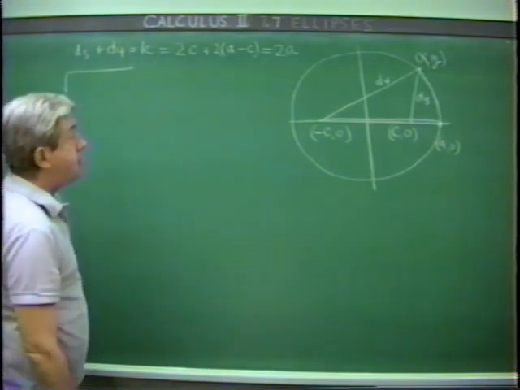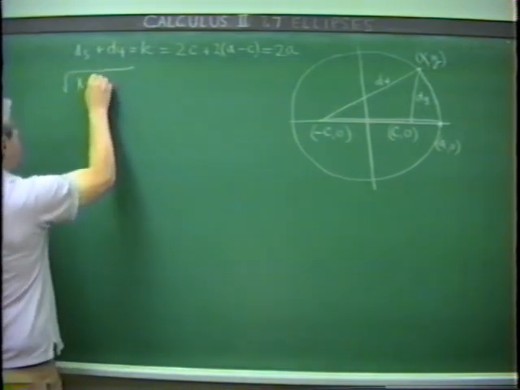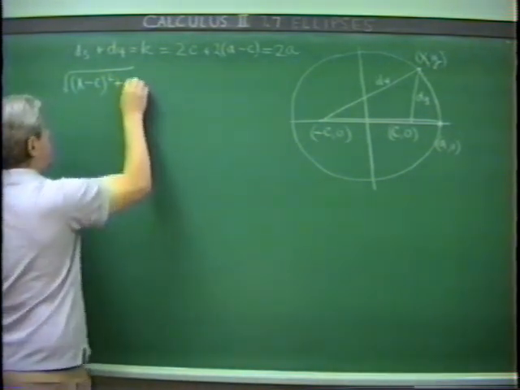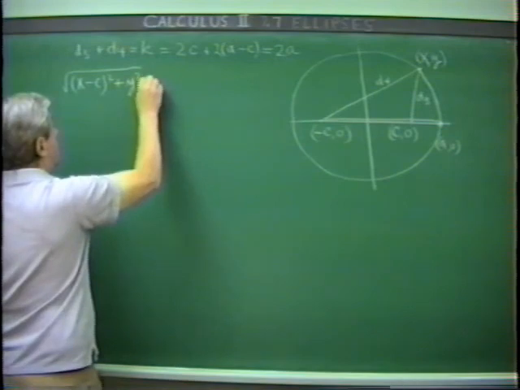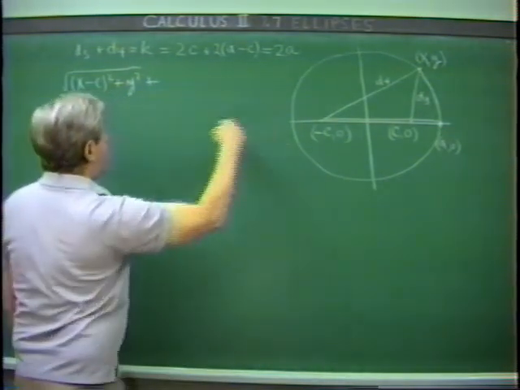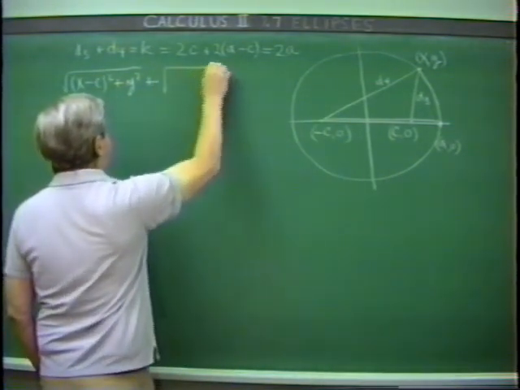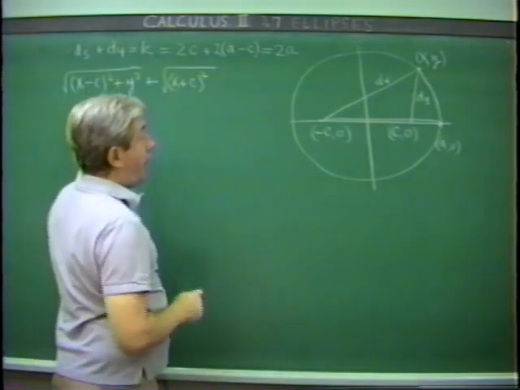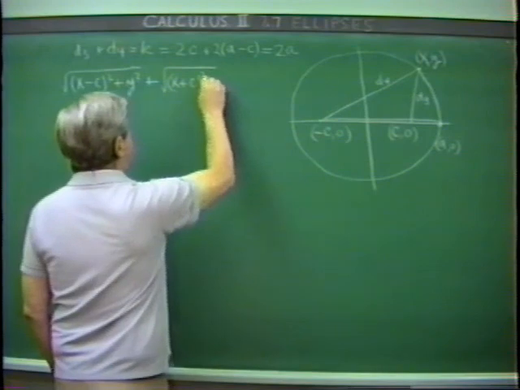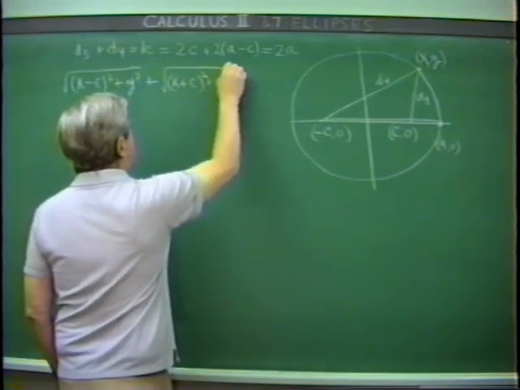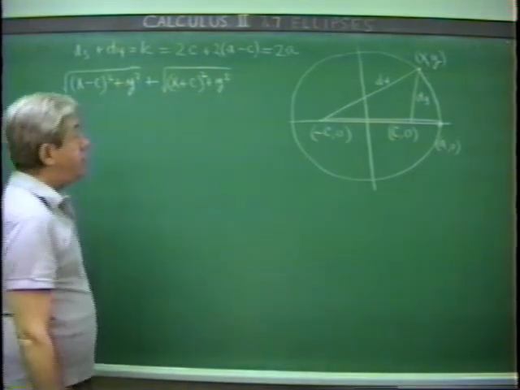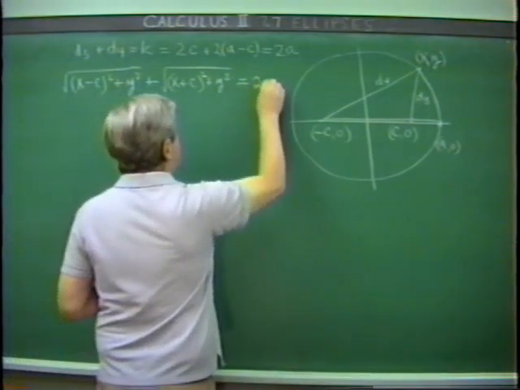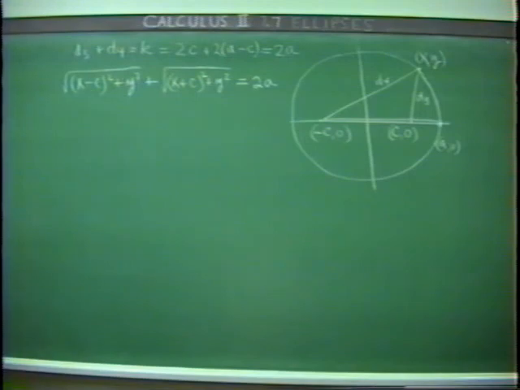What have we got? d3 is the square root of x minus c squared plus y minus 0 squared, plus, now d4 is x minus minus c squared, or x plus c squared, plus y minus 0 squared, is equal to 2a.